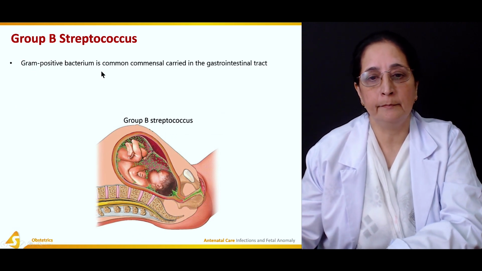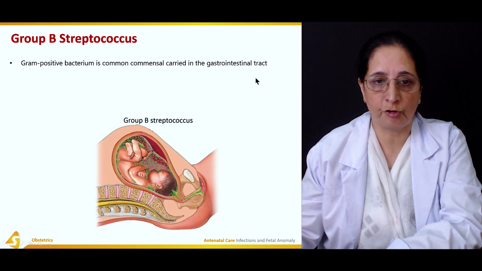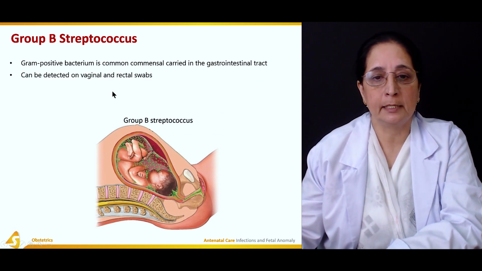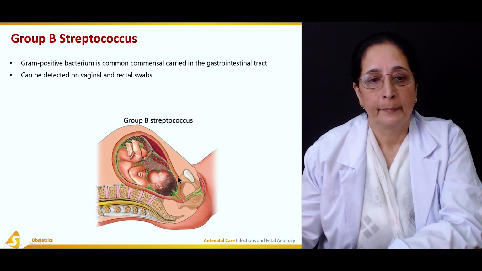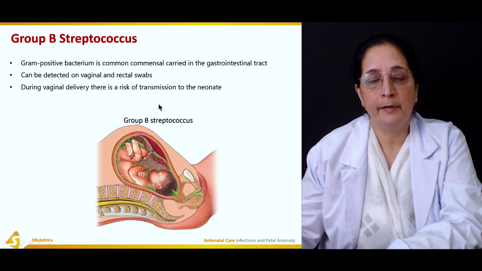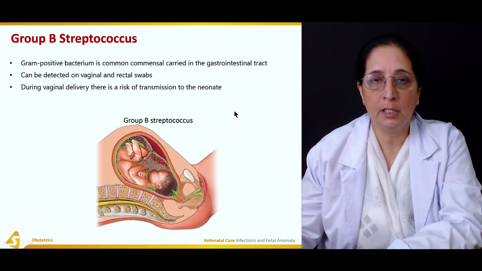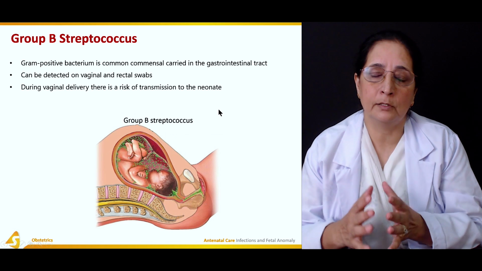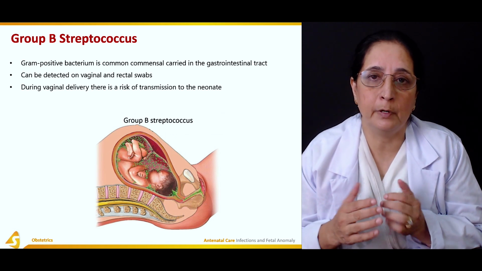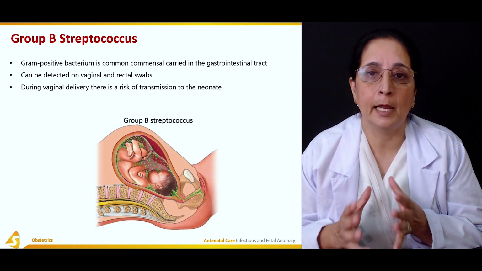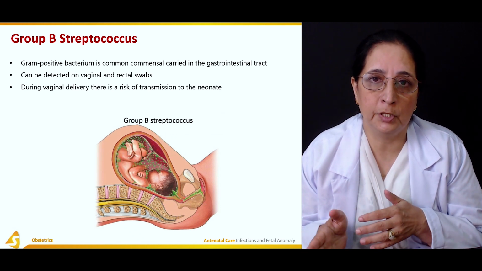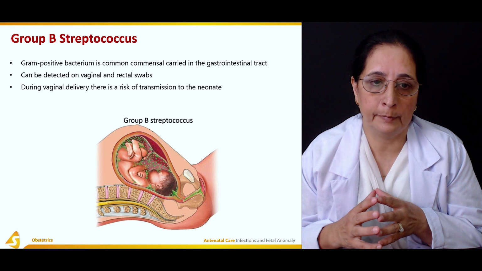Group B streptococcus is a Gram-positive bacterium, which is common, commensal, carried in the GI tract and can be detected on rectal and vaginal swab. During vaginal delivery, there is risk of transmission to the neonate. So in this case also C-section should be done because during normal vaginal delivery, the infection can be transferred to the neonate and cause complications.